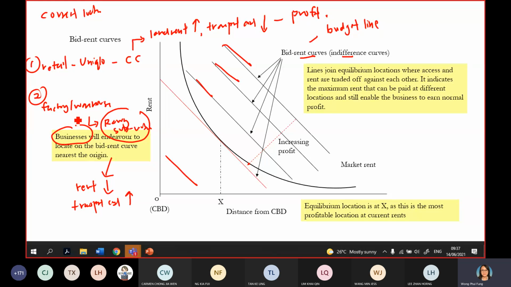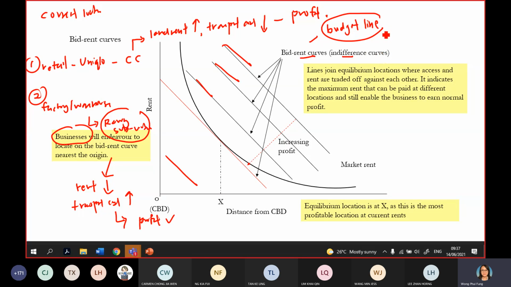And then for factory and warehouse, although they are located in the suburban area, they pay lower rental and higher cost, but they still earn profit. So in that sense, it does not mean the city center is always the best location for all businesses. Every business will have their own budget line.